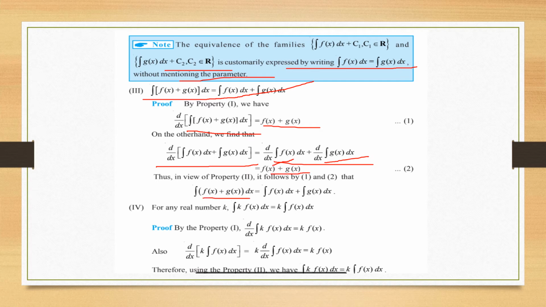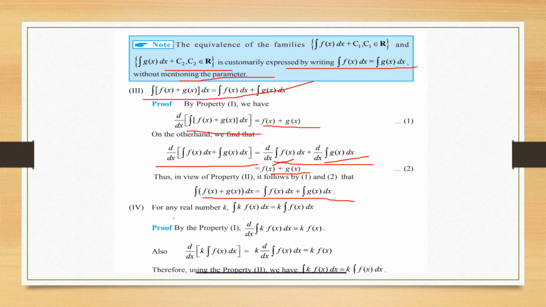So that's why we can separate the sum of two functions integrated together as separate integrals, okay? It means you can take the integral of all the functions separately, okay?